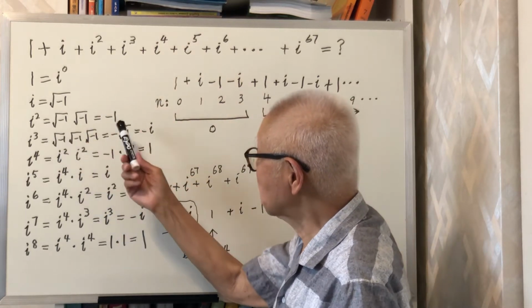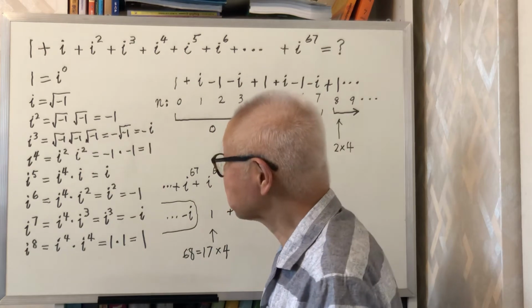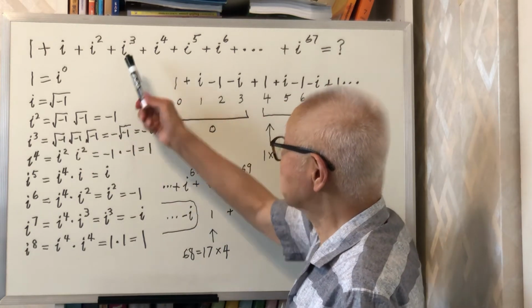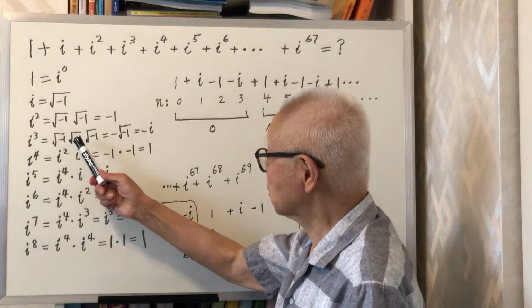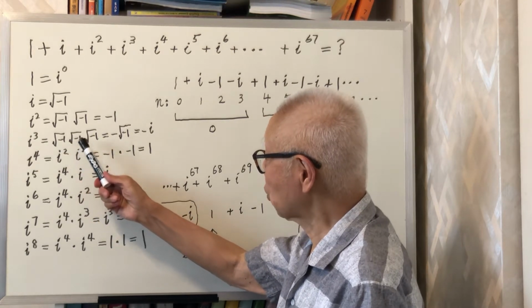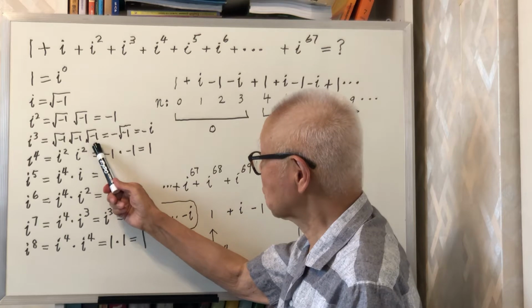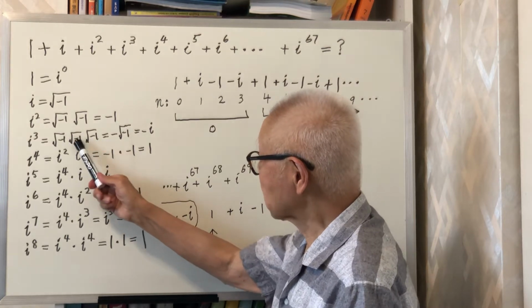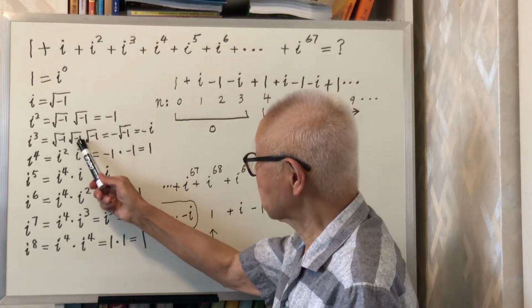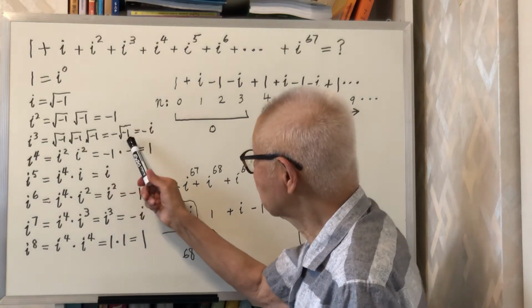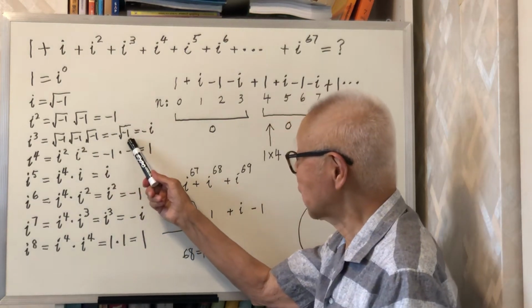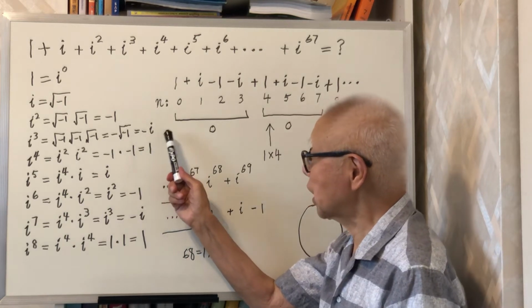So i squared is -1. i cubed is square root -1 times square root -1 times square root -1. But the first two square root -1 multiply to get -1. So this is negative square root -1, which is -i.